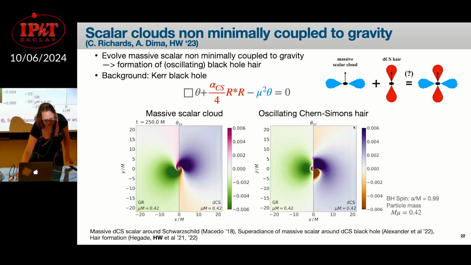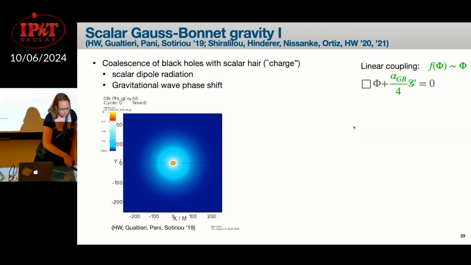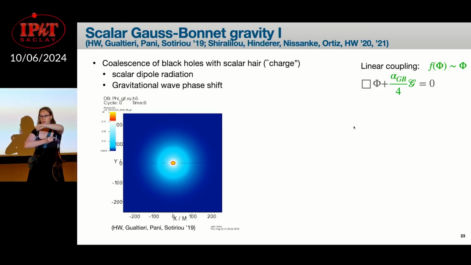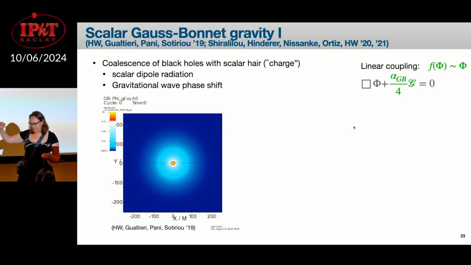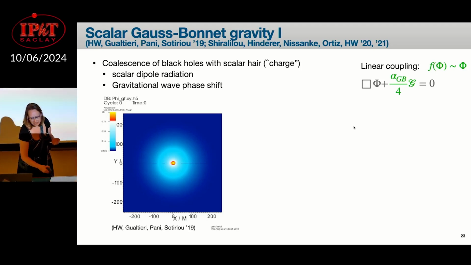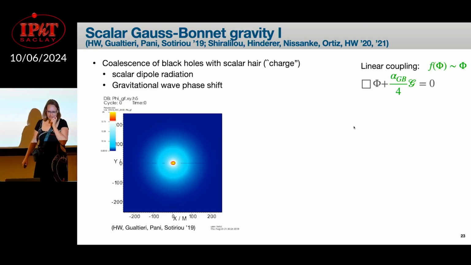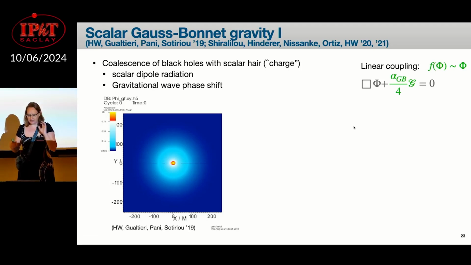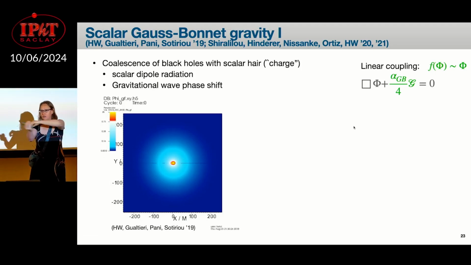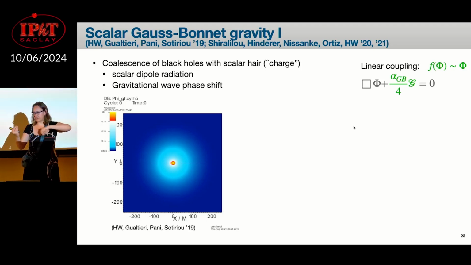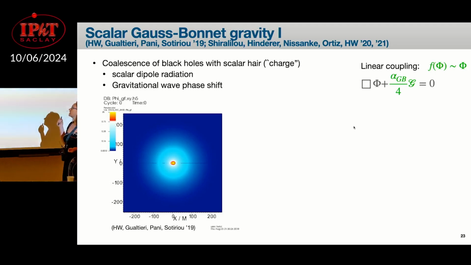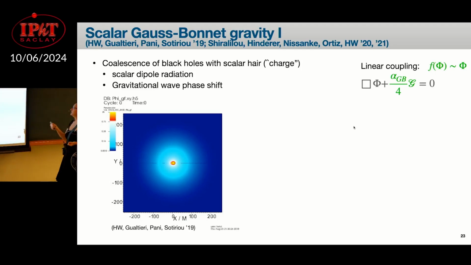I think I will only talk about the one example for binary black holes in scalar Gauss-Bonnet gravity, but in this decoupling approach. I just said it's bad, so I'm only showing you the scalar evolution. And this is work that I've been doing with Paolo and collaborators back in 2019, where we had a binary black hole in the background described by general relativity, and we were looking at the evolution of the scalar field determined by this equation here.